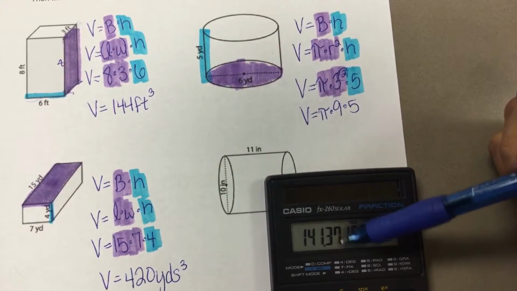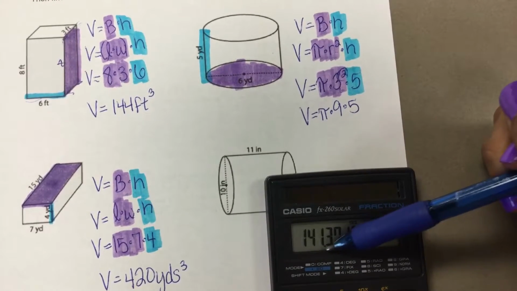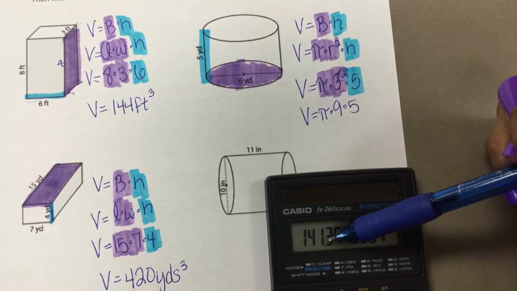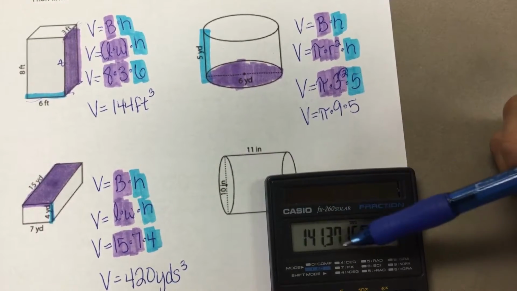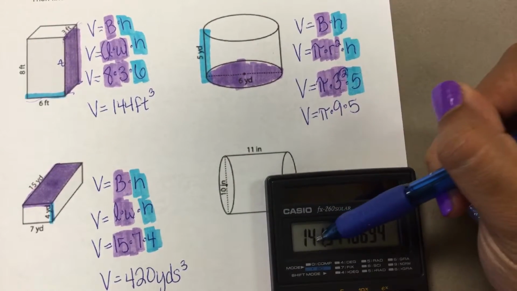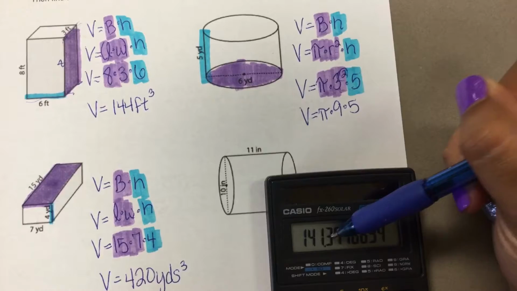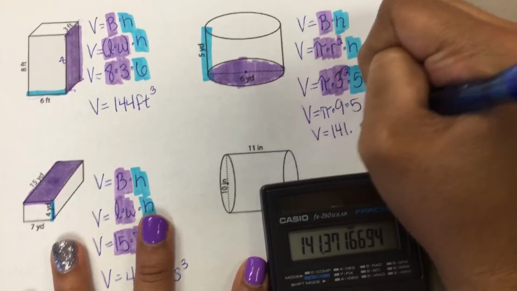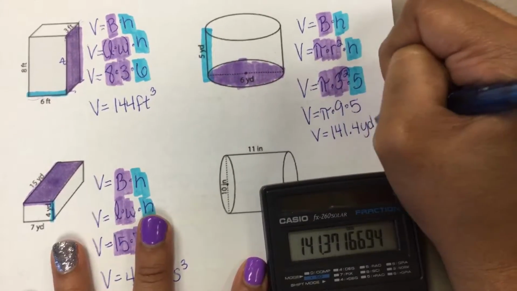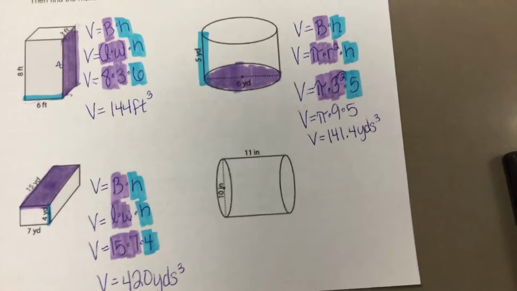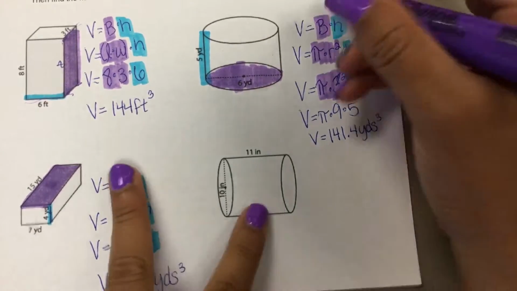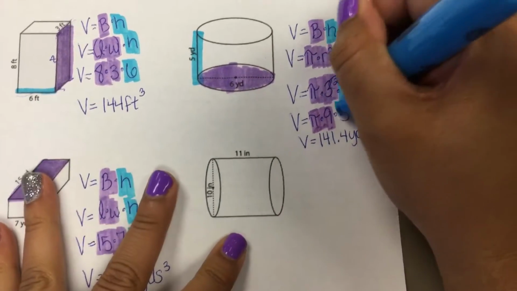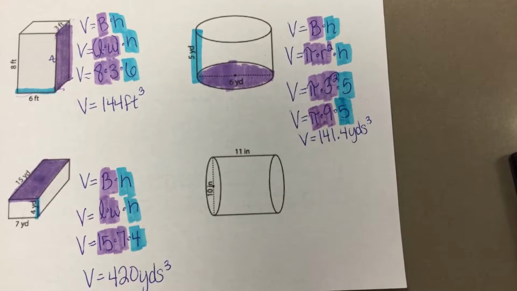So I got to look at the number after the first digit after the decimal point, and anything 5 and above is going to round this number up 1, and then 4 and below is going to make it stay the same. So this is going to be 141 point, the 7 is going to make this go up to a 4. And that's yards cubed. And we're done with that one.